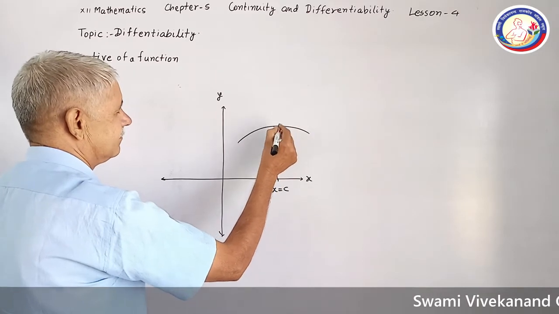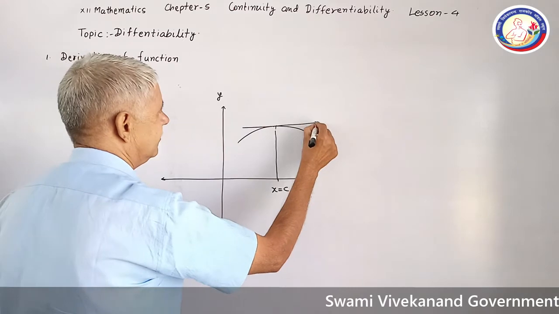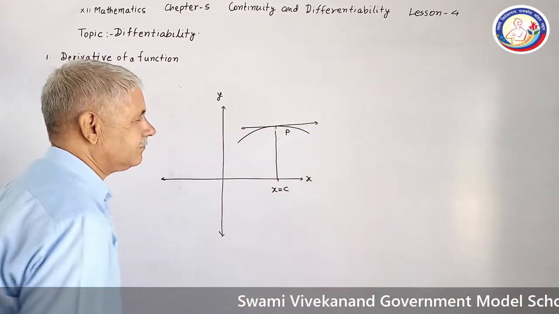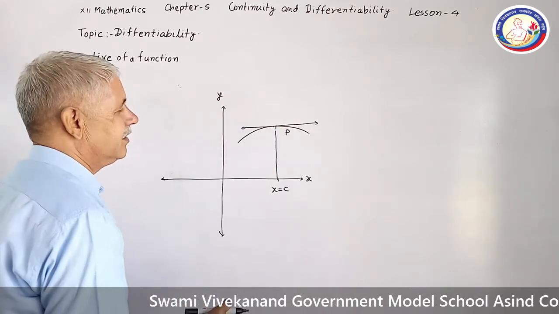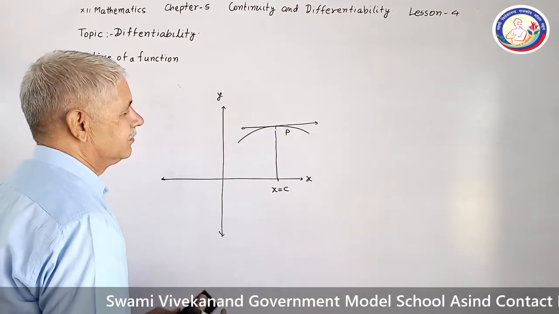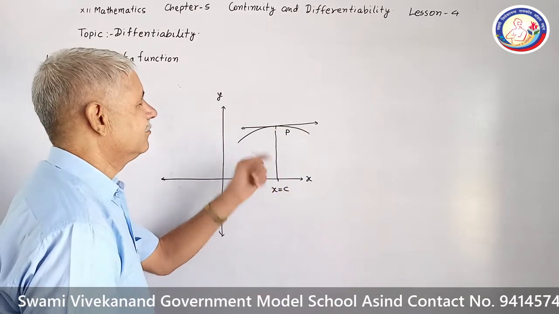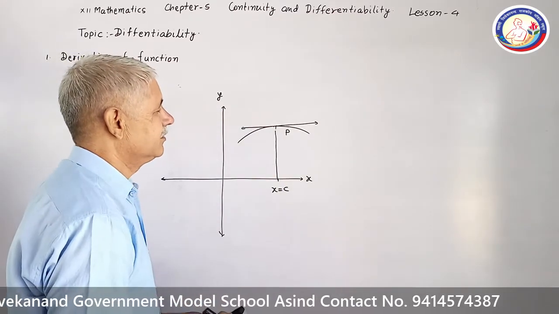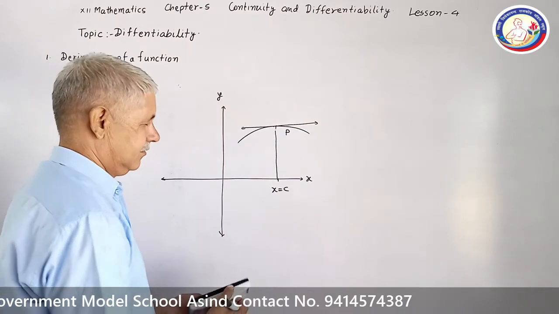Here is a tangent at this point P, and the slope of this tangent is the value of the derivative at x equal to c. The slope at point P gives us the meaning of the derivative at x equal to c.